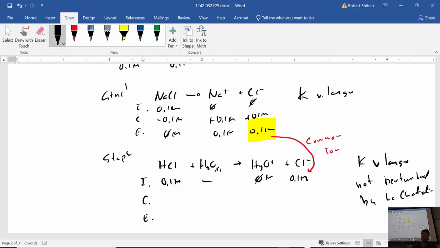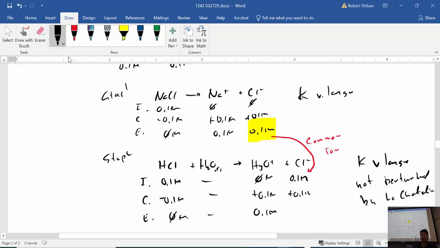Less acidic means it's partially neutralized. No, that's not going to happen. What's going to happen is it's going to be fully acidic because we're just going to go ahead and hydrolyze all of it. And so we're going to end up with plus 0.1 molar here and plus 0.1 molar here. And so what we end up with is 0.1 molar hydronium and 0.2 molar chloride.